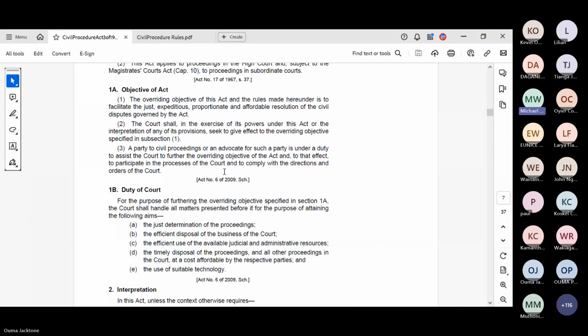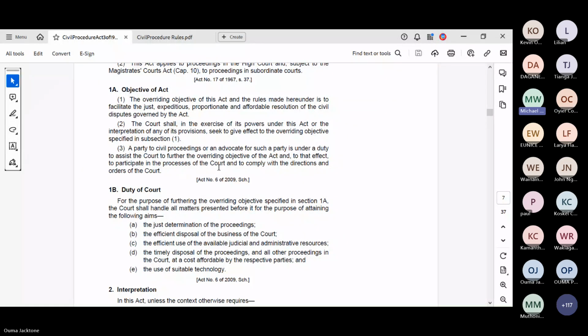A party to the civil proceeding or an advocate for such a party is under a duty to assist the court to further the overriding objective of the act, and to that effect to participate in the process of the court and to comply with the directions and orders of the court. 1B.